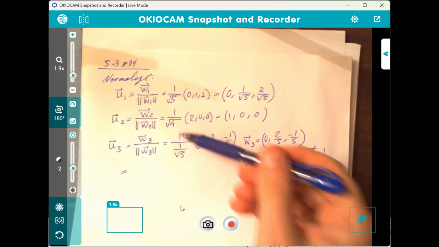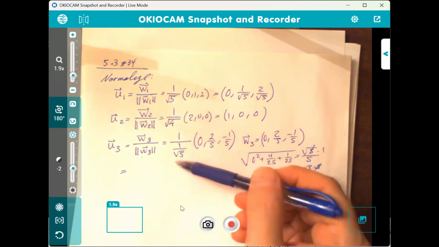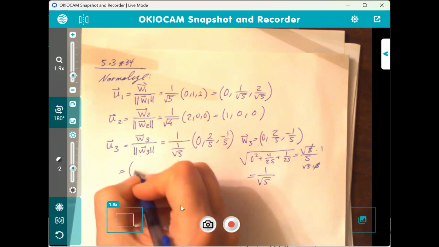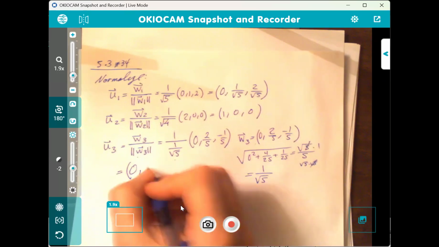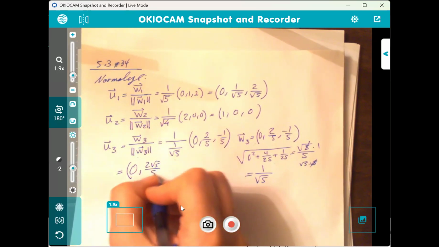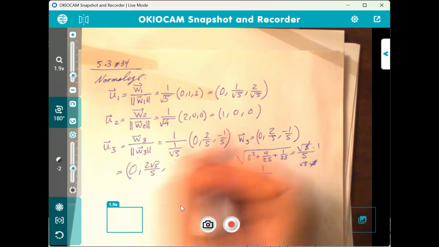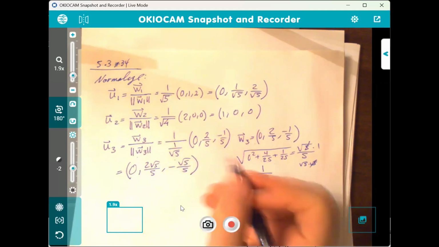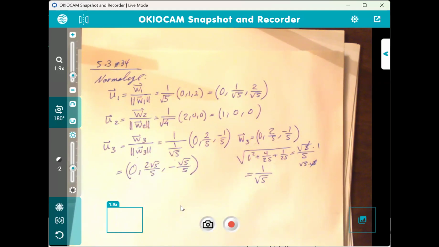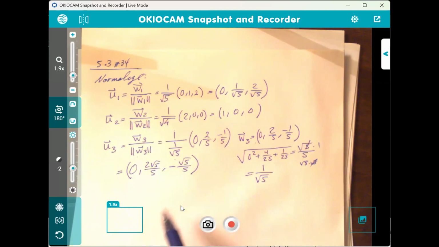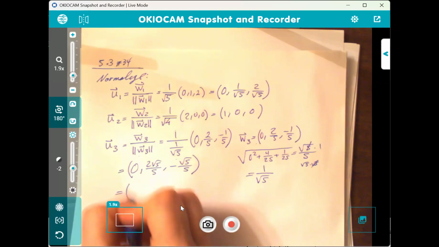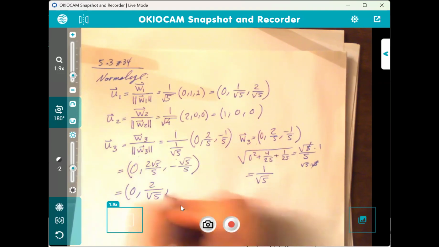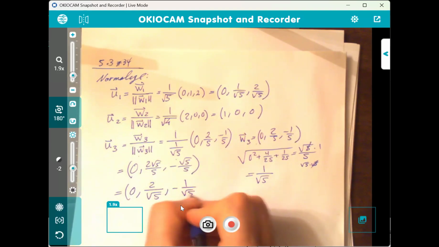Now we're dividing by 1 over root 5. You invert and multiply, and therefore we're going to get root 5 times the vector. So that's going to be 2 root 5 over 5, and negative root 5 over 5. And there you have that one. Feel free to divide out the root 5s if you choose to, and we get 2 over root 5 and negative 1 over root 5.